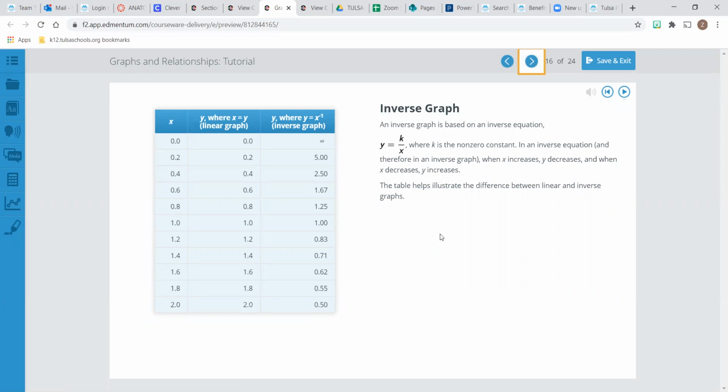Now, if you have an inverse graph where the slope is a fraction, where k is a non-zero constant, when x increases, the y decreases.